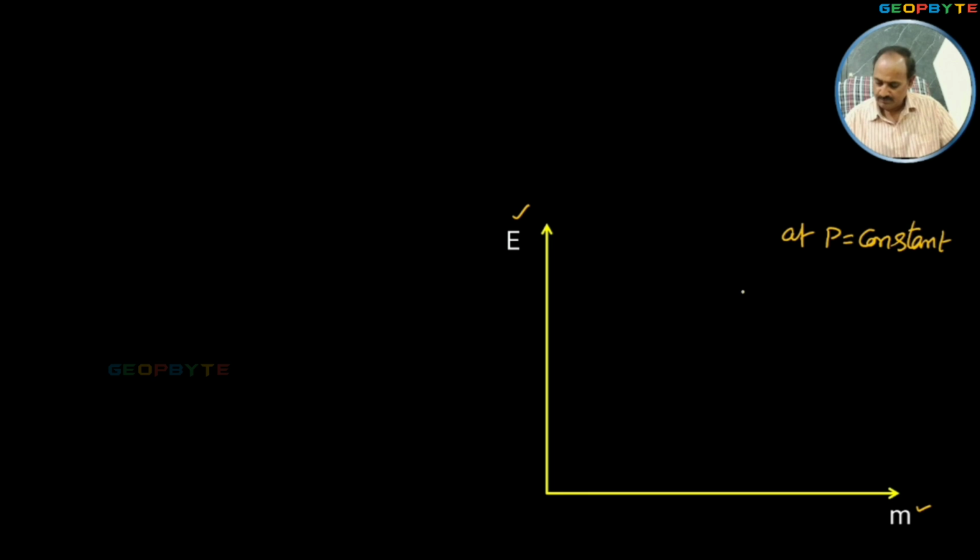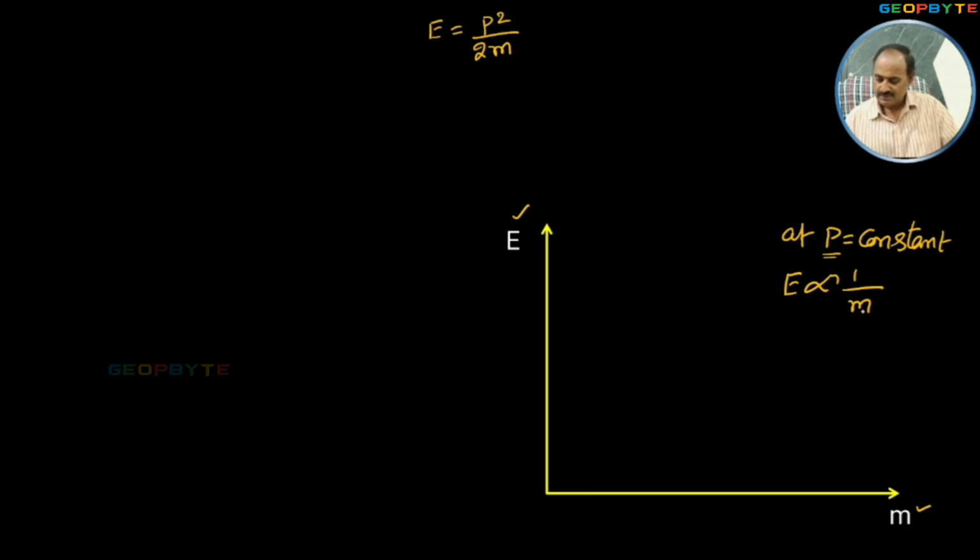With constant linear momentum, energy is proportional to 1 by m because we have the relation energy equal to p square by 2m at constant linear momentum p.